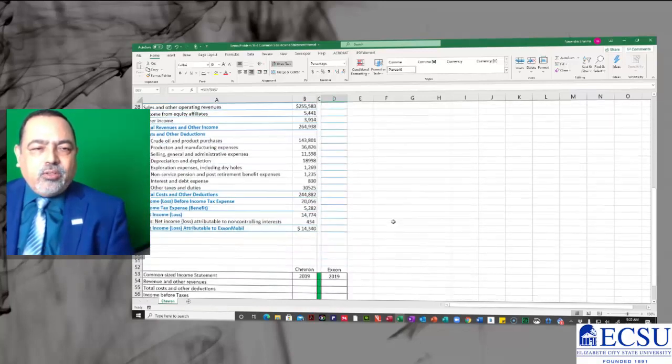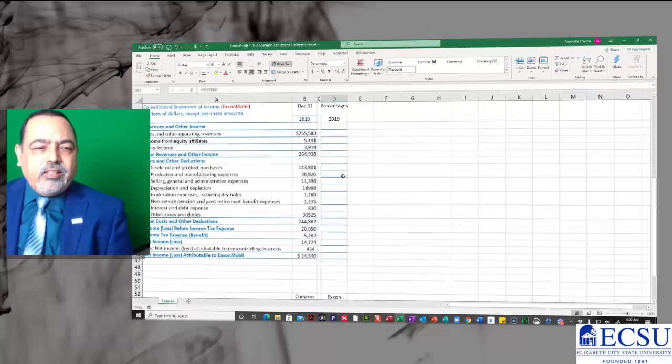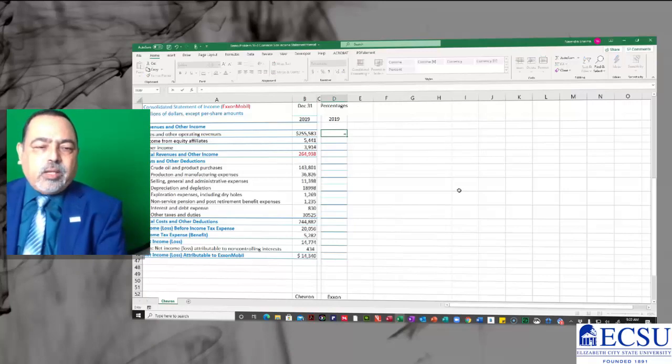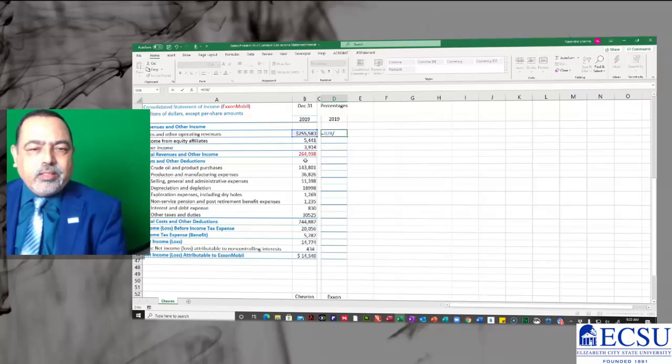Let's go and look at Exxon Mobil. Again, for Exxon Mobil, the total revenue and other income is your base figure. So we are going to use that as the base figure. Using the same concept, I'm going to do line item divided by the base figure.